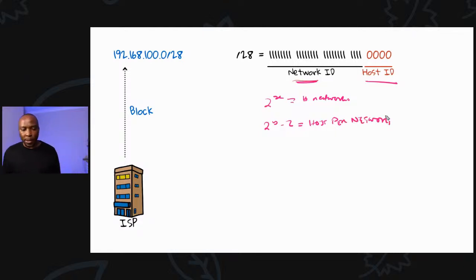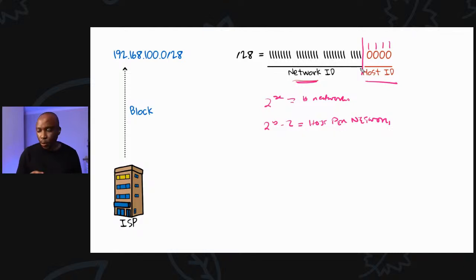Okay, so let's look at the numbers in red. 1, 2, 3, 4. These are the remaining bits after the network ID.